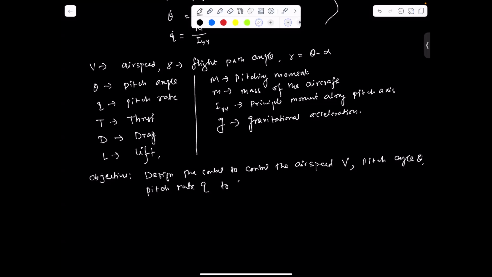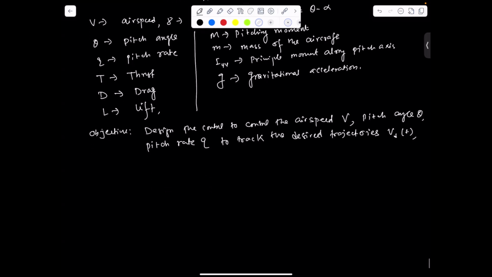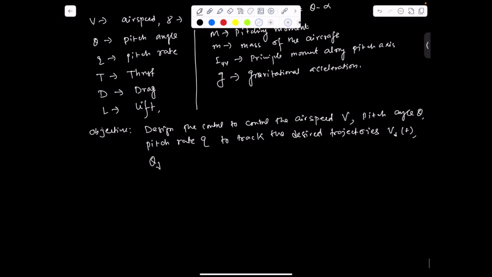to track the desired trajectories, which are V desired, the desired airspeed, desired pitch angle, and desired pitch rate.